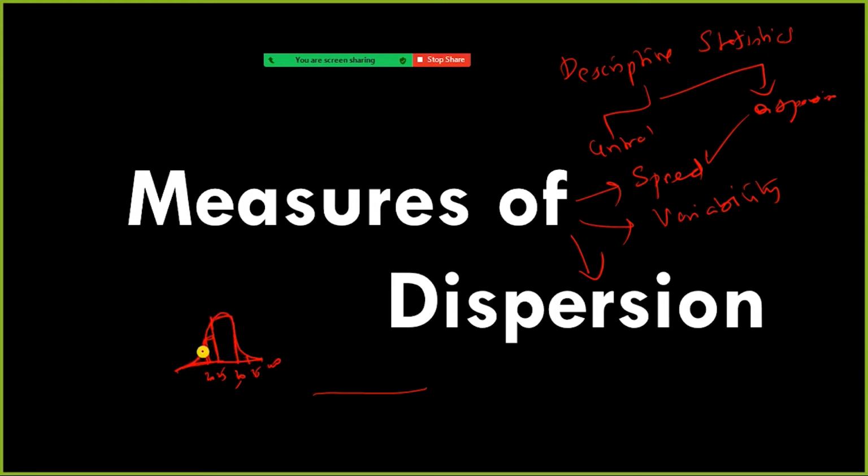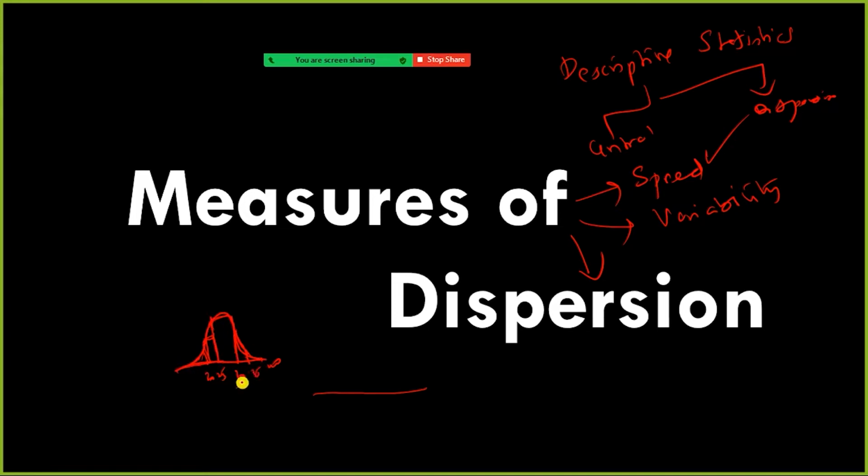When you join these rectangles by drawing a line at the edges of the rectangles, it will be something like this. This is what I'm talking about, the spread of this data set.